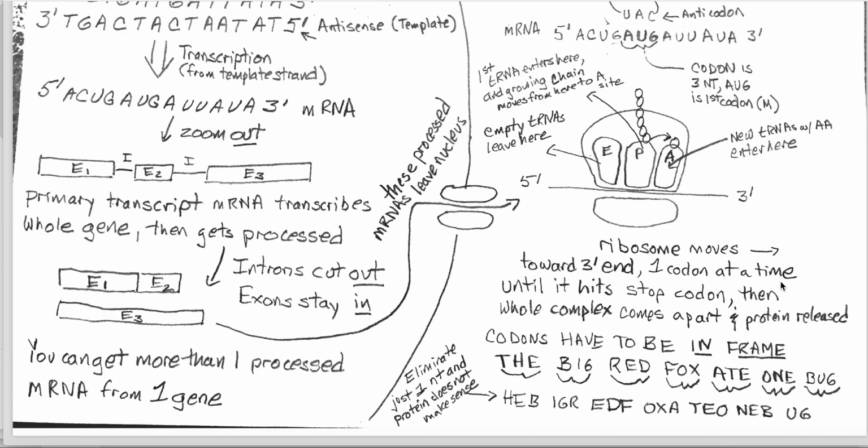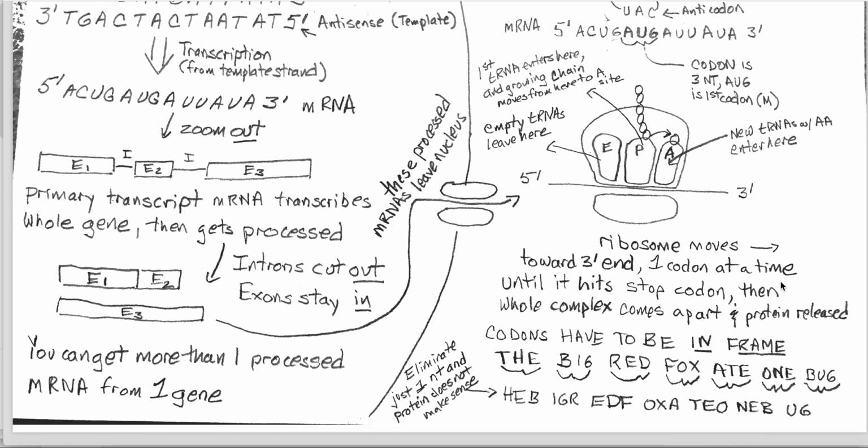When it runs into that stop sign coded for by a stop codon, it essentially takes apart the whole machinery. So the large and the small subunit come apart. The protein that you were making gets cut off the ribosome, goes off and folds up to do its job as a protein, and then the ribosome can start over on a new mRNA.